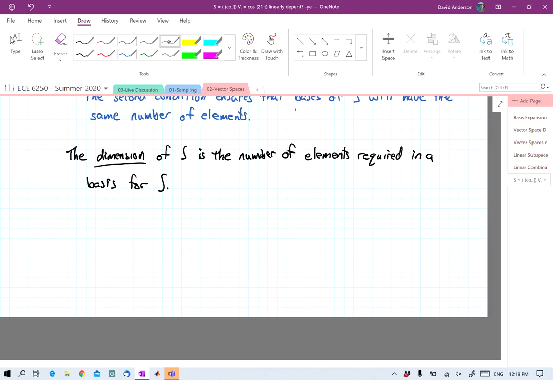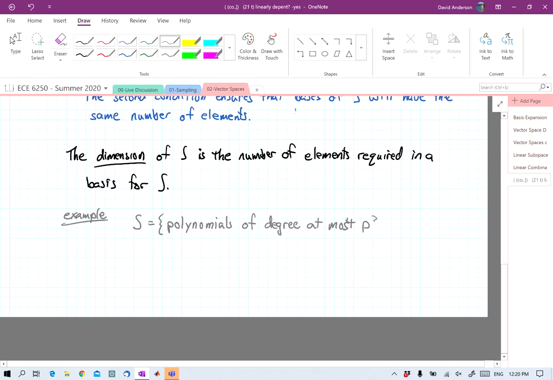But here's one example, and there are a few more in the notes. Let's assume that S is equal to the set of polynomials of degree at most p.